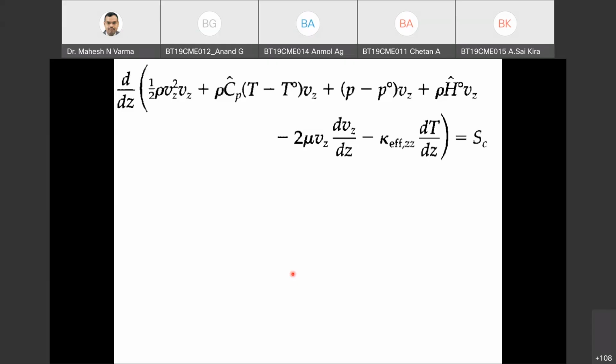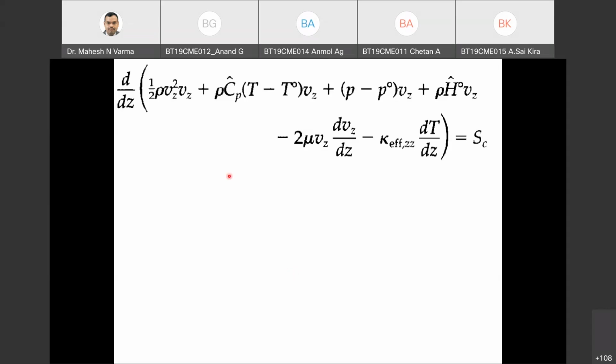Along the radius you are telling, or along the axis? Sir, with respect to z, we'll assume velocity equals constant. There is negligible change in velocity. Sir, dv by dz is equal to 0. Yes, the variation of velocity in the z direction is assumed to be constant.